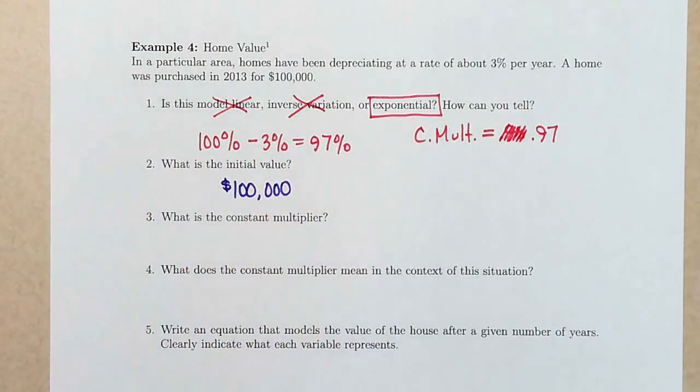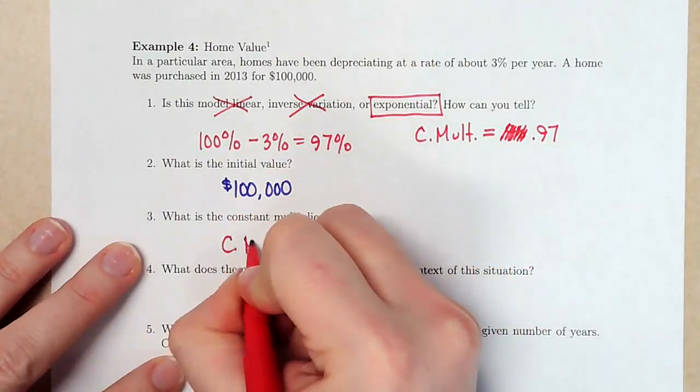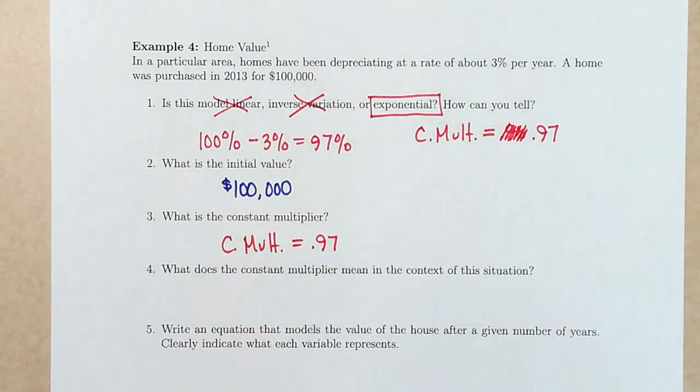What is the constant multiplier? Well, we just wrote it down, so let's write it down again. So the constant multiplier is equal to 0.97. Got it. What does the constant multiplier mean in the context of this situation? Okay, I already said it, but I'm going to say it again.